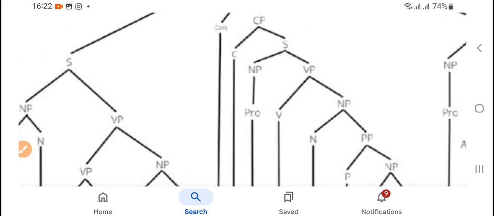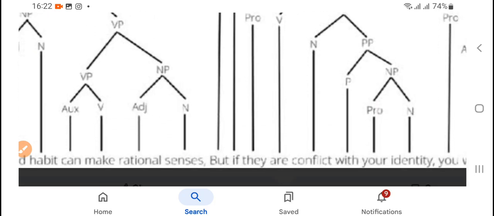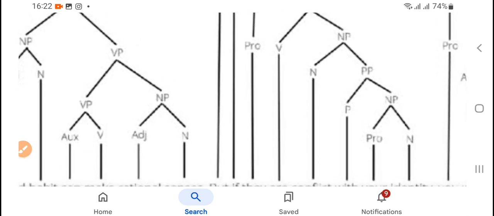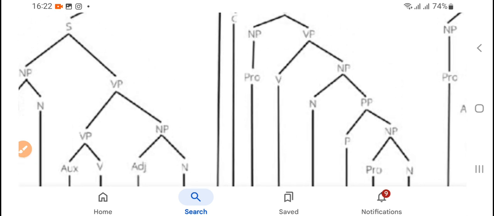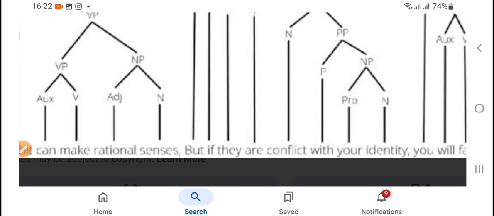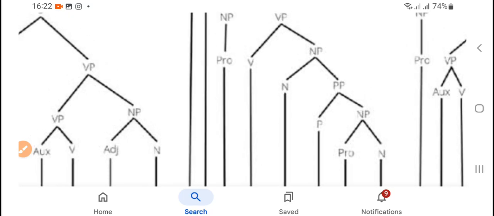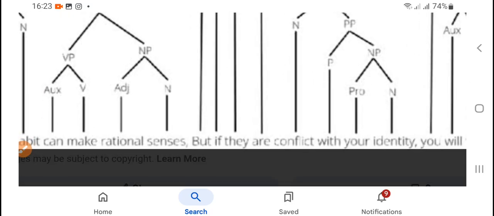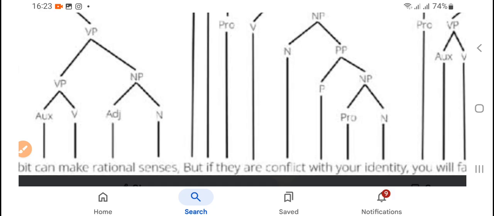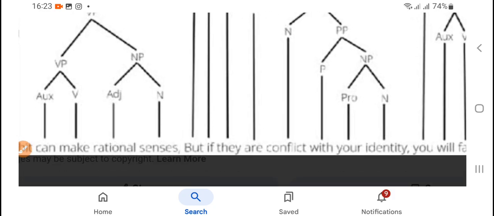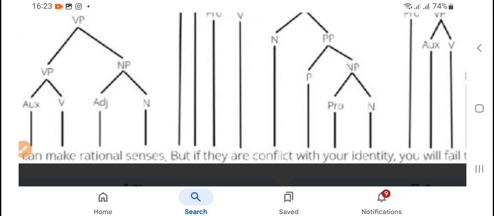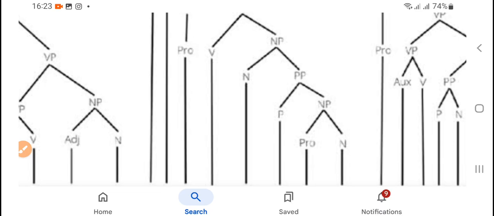If is the complement. Then a sentence again, they are in conflict. They is a pronoun, are is a verb, and conflict is a noun, with your identity is a prepositional phrase.